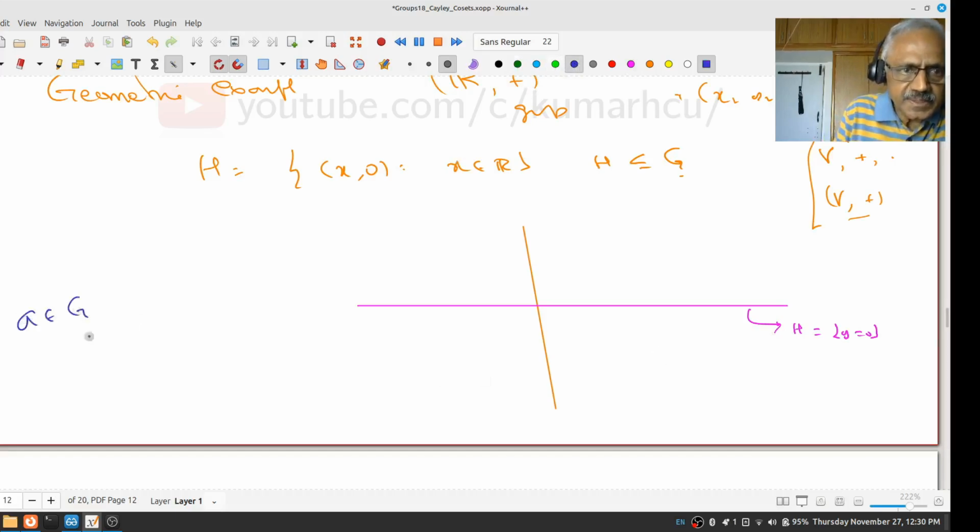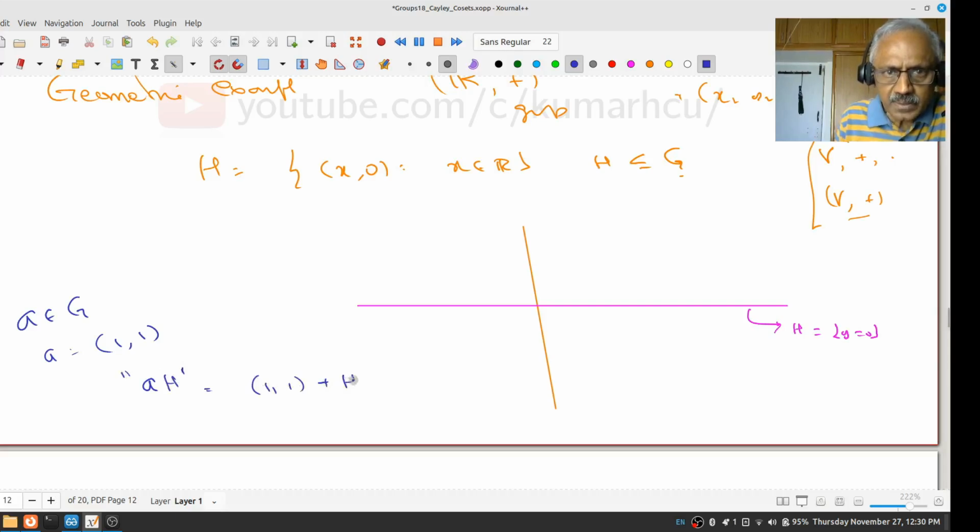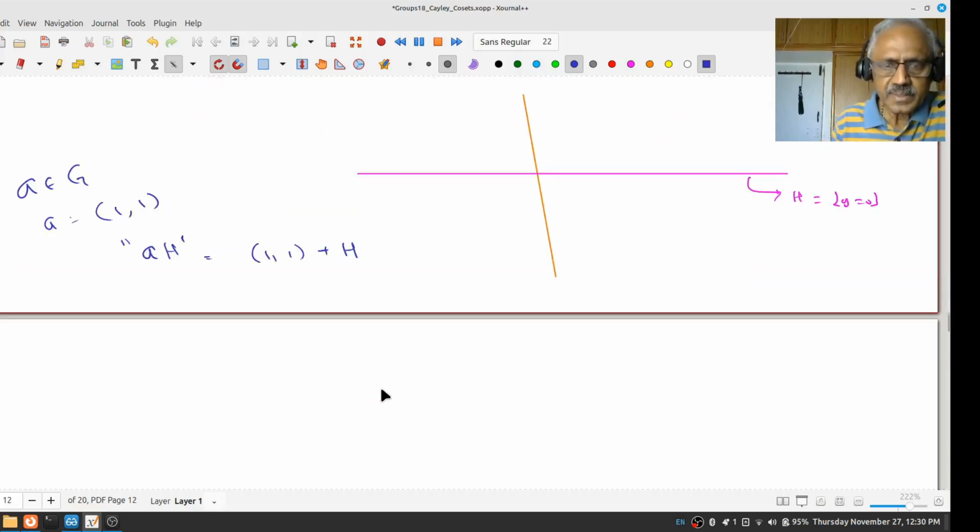Now let us start with an element A in G, call it A equal to (1, 1), right? Then I want to know what is AH here? It is addition, therefore it's (1, 1) plus H, right? So what is A plus H in this case?